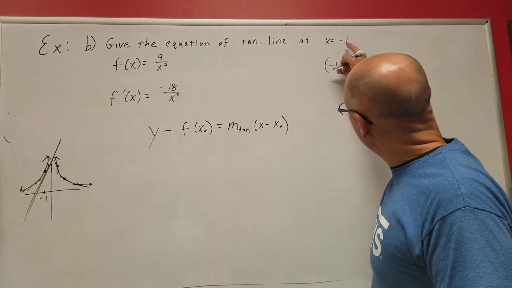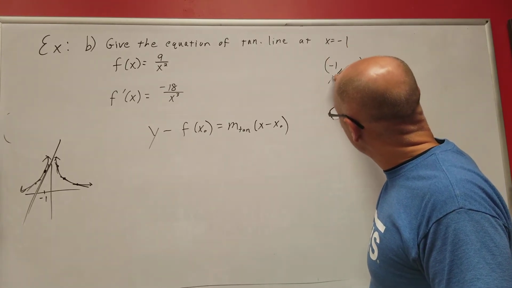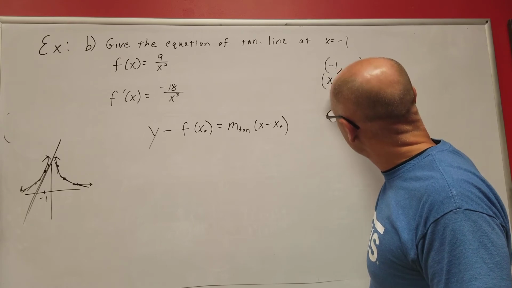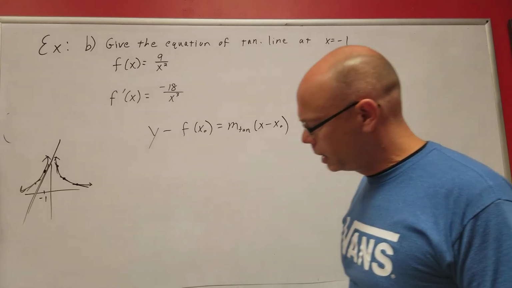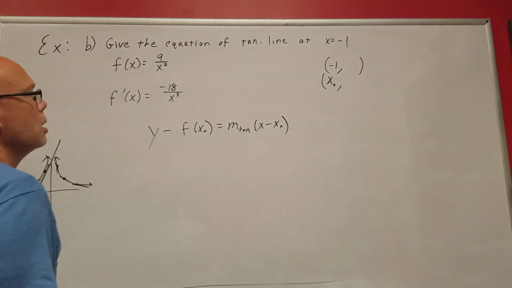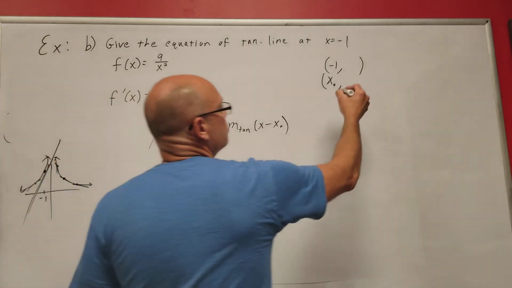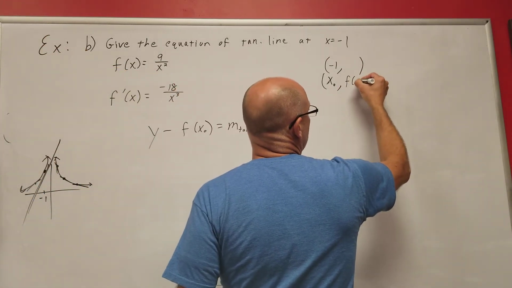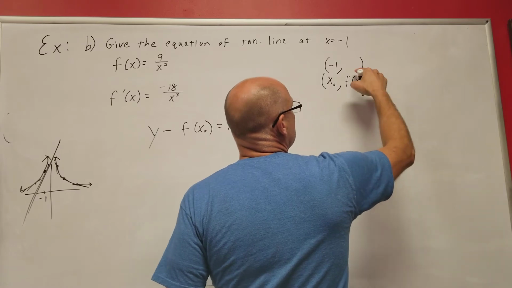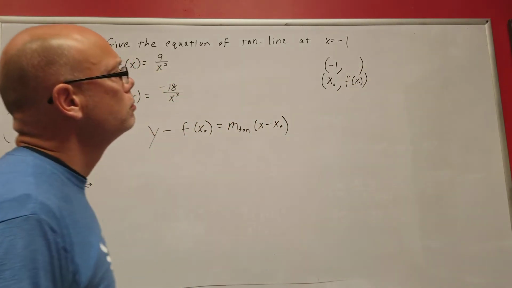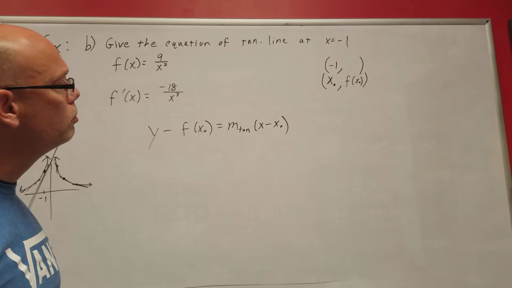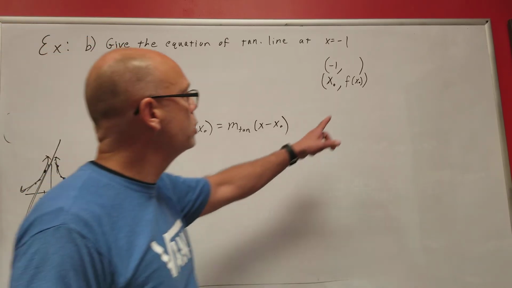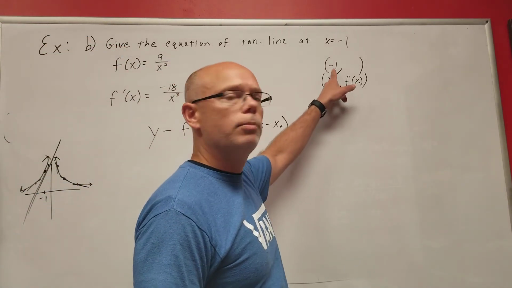They said x was -1, but really we could look at this as x naught is -1, a particular x value. Now let's find f of x naught. How do I find f of x naught? Well, it's just the output when the input is -1.